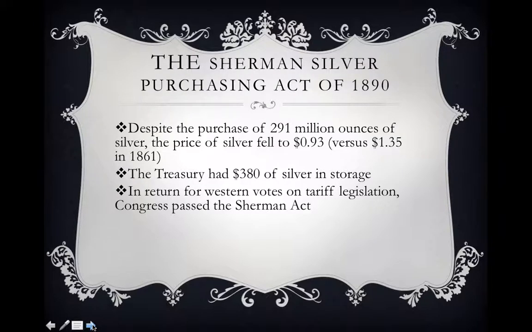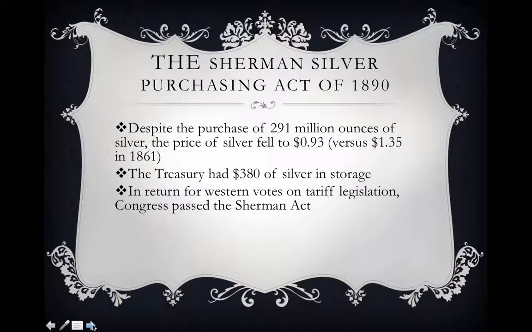So then we have the Sherman Silver Purchase Act of 1890. Basically, the Treasury had to purchase 291 million ounces of silver, but the price of silver kept falling during this time period.